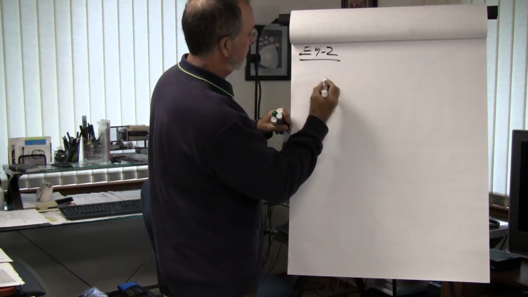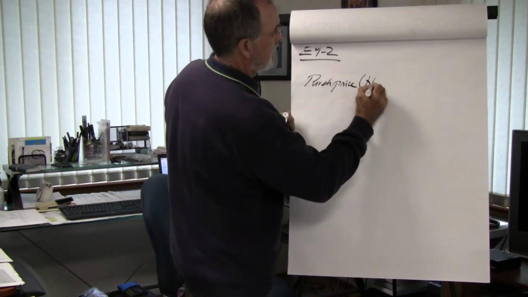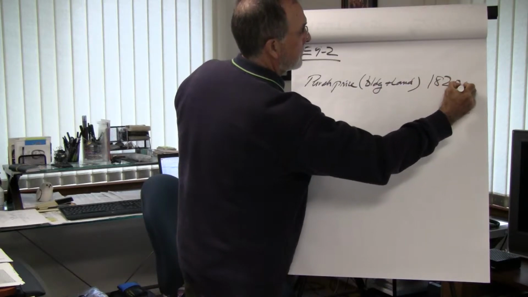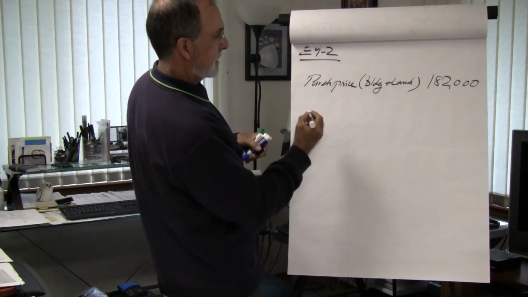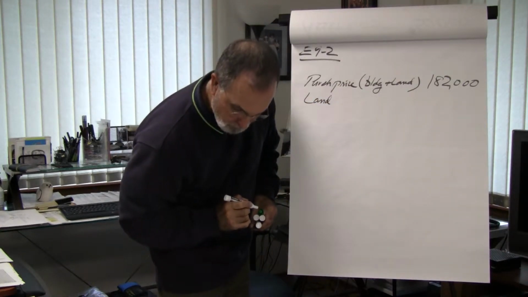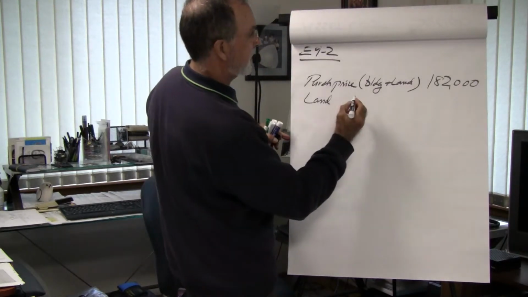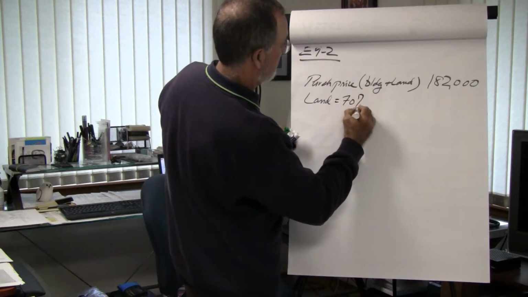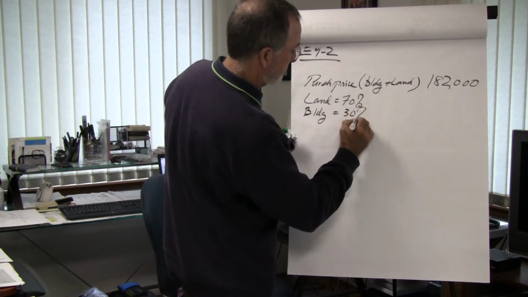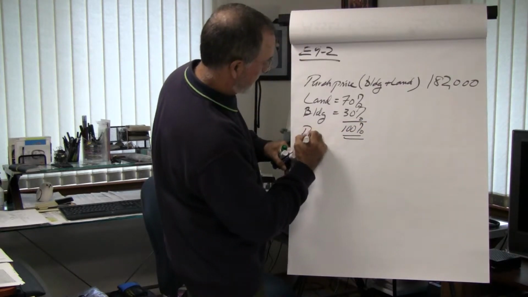So we have a lump sum purchase price for building and land of $182,000, and the land is estimated to represent 70% of the price, and so the building represents 30% of the price, and so the total would be 100%.